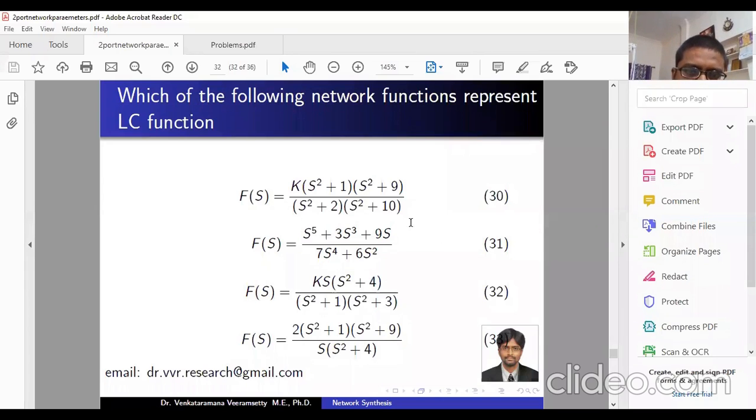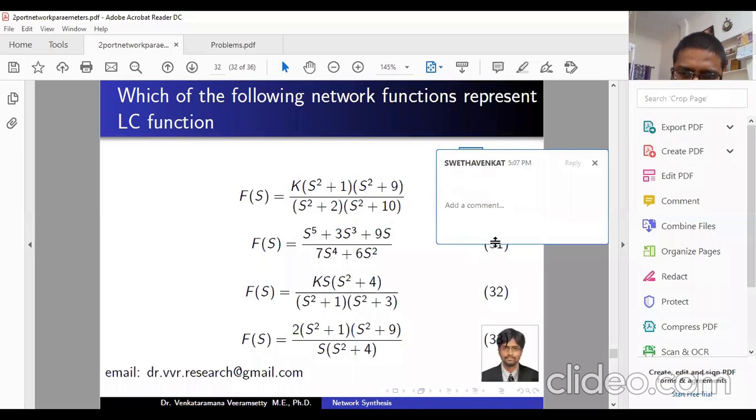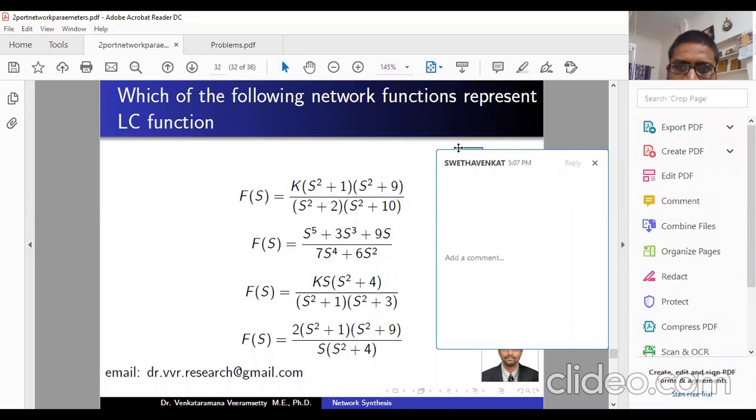So if you expand this one, the first condition is the network function must be the ratio between even by odd or odd by even polynomials. So what is the numerator?